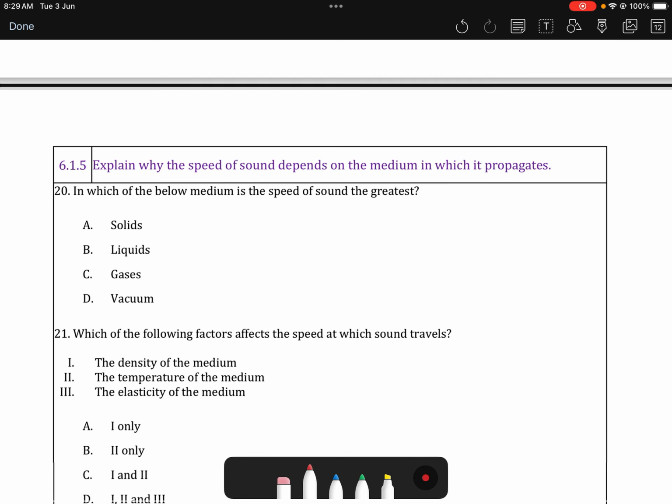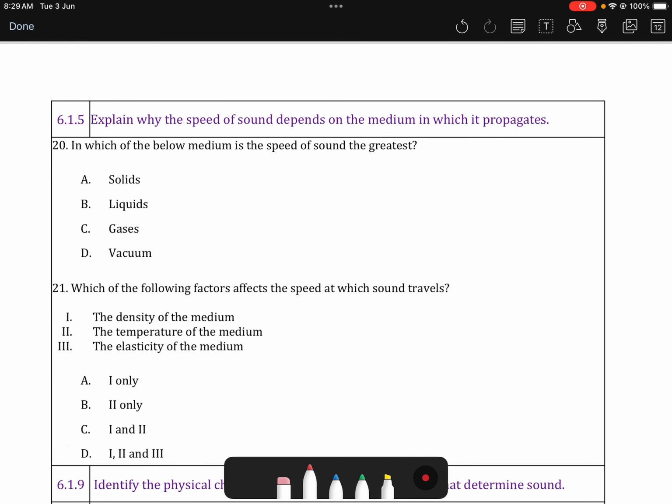Now, in which of the below media is the speed of sound greatest? Actually, it's in solids. It goes like this: solids have the highest speeds, then liquids, then gases.